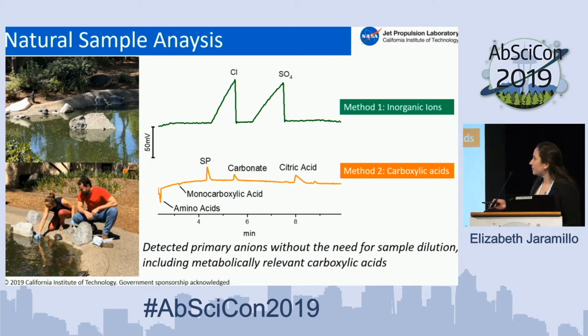And then we found this little peak down here, which turns out to be indicative of potentially a lot of amino acids. So we can't separate any amino acids with this method, but what we do get when we spike a solution with amino acids is this immediate large dip that looks exactly like this, which may be indicative of the amino acids.